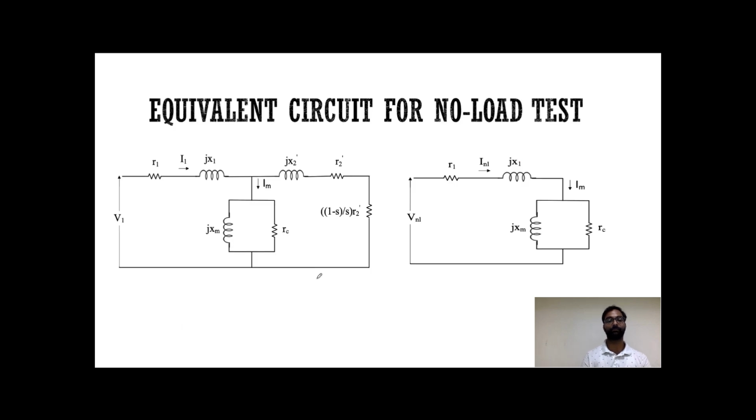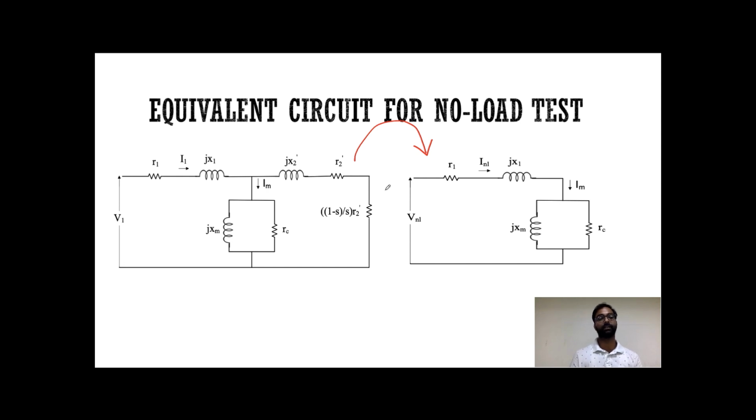Now coming to the equivalent circuit diagram for the no load test, we will see here. This is the normal simplified equivalent circuit diagram of a three-phase induction motor referred to the primary side, that is, the stator side. And this diagram will be converted to this one. How?